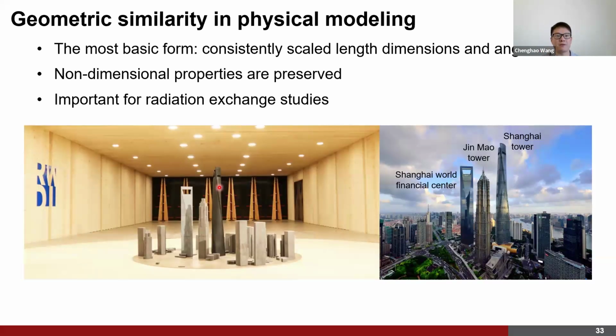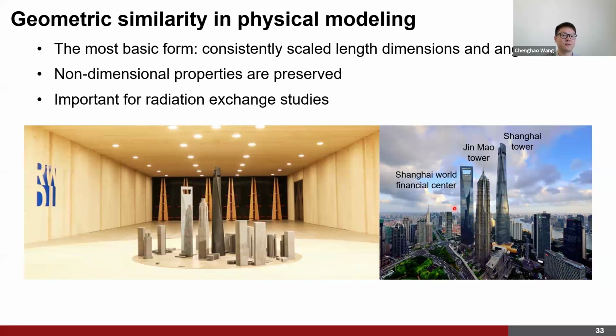The first similarity, geometric similarity, is the most basic form. It ensures that we have consistently scaled length dimensions and also angles. What I'm showing here is a scale model of Pudong district in Shanghai in a wind tunnel. The figure on the left is the actual scale model within the wind tunnel, and this figure here is the real building configuration.